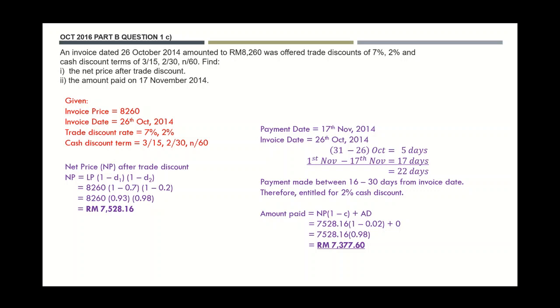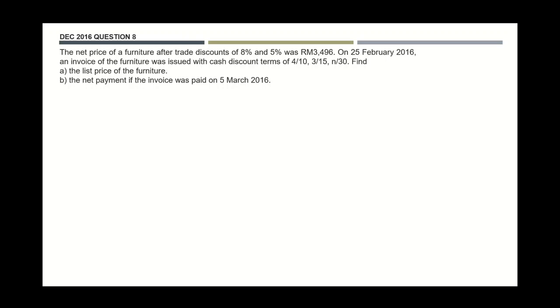Okay, let's move to the last question for this video tutorial. So this is December 2016, question number 8. It says here the net price of a furniture after trade discount 8% and 5% was 3,496.